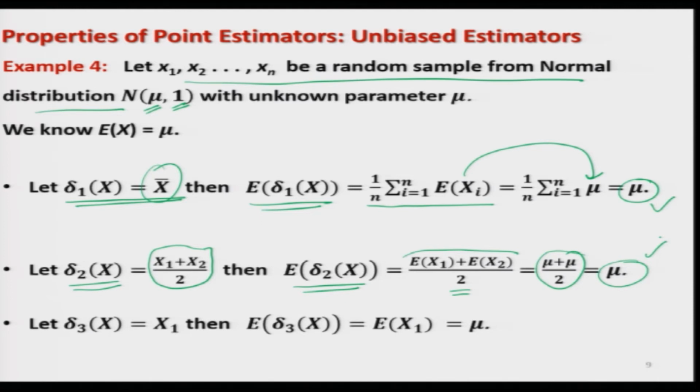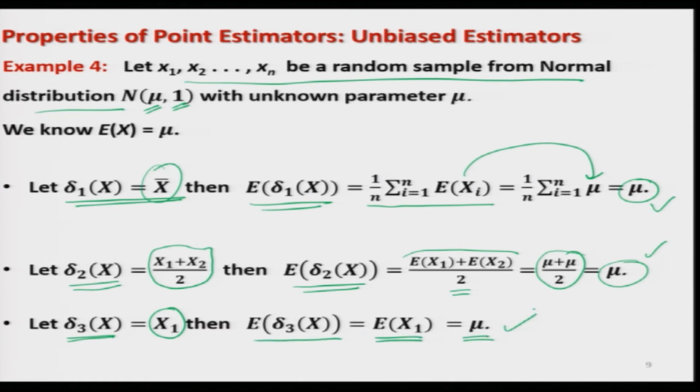Now, let me take one more option, and I decide that I will use only the first observation to estimate my mu, and I denote this by delta3(x). Then you can see that expected value of delta3(x) will come out to be expected value of x1, which is also mu.